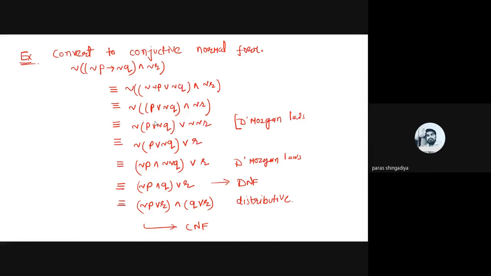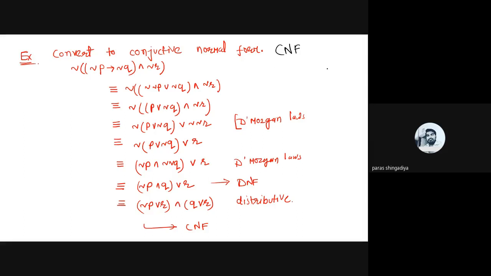And now let us implement all this in the first example. Convert to conjunctive normal form, which means we will first find the CNF. Define conjunctive normal form. So what is the meaning of conjunctive normal form? It is the product of elementary sums.